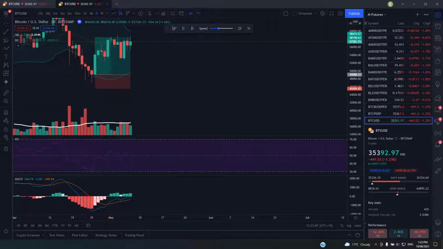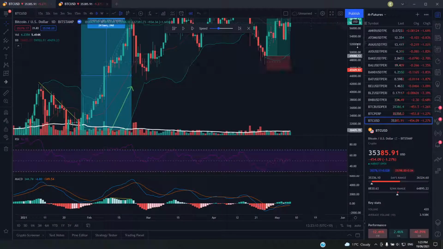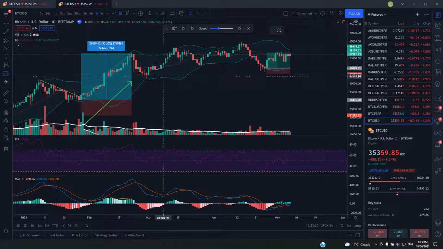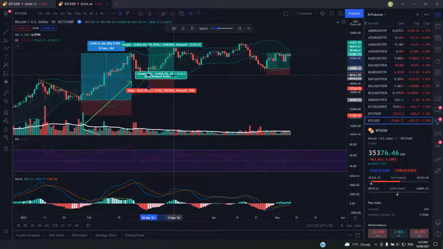All right, let's look for, if we do market structure, up, high, low, a hammer, high, low, and a hammer, go long on the next candle. There you go. You've got another trade there.